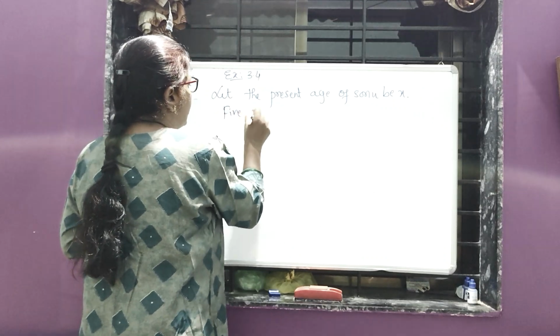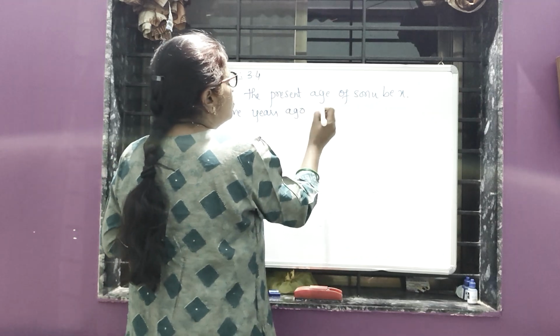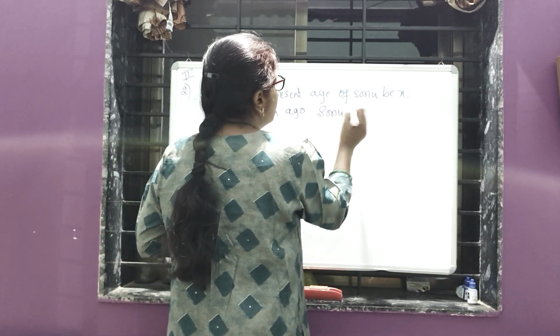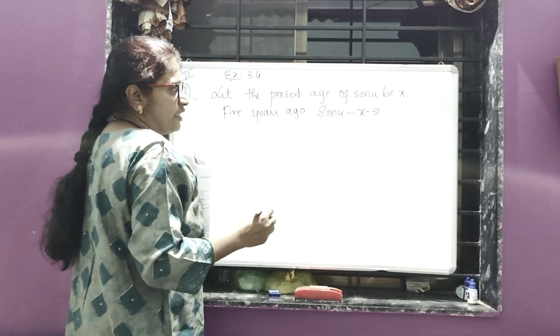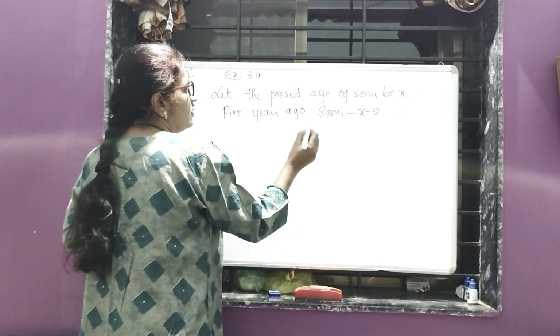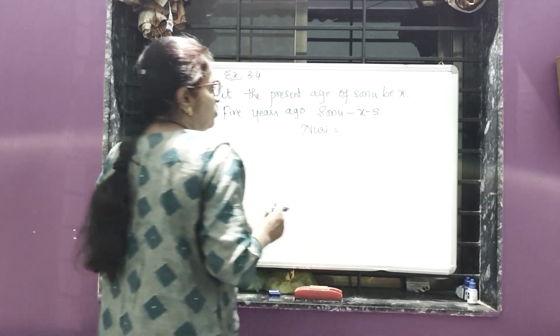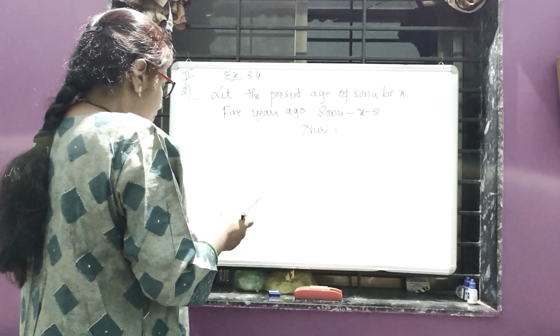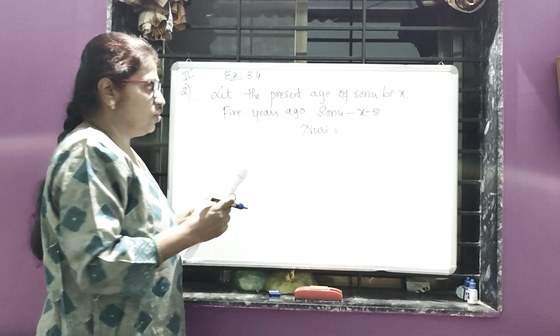5 years ago, Sonu was x minus 5. 5 years ago means x minus 5. That time Nuri was also, now what they have given is 5 years ago Nuri was thrice as old as Sonu.